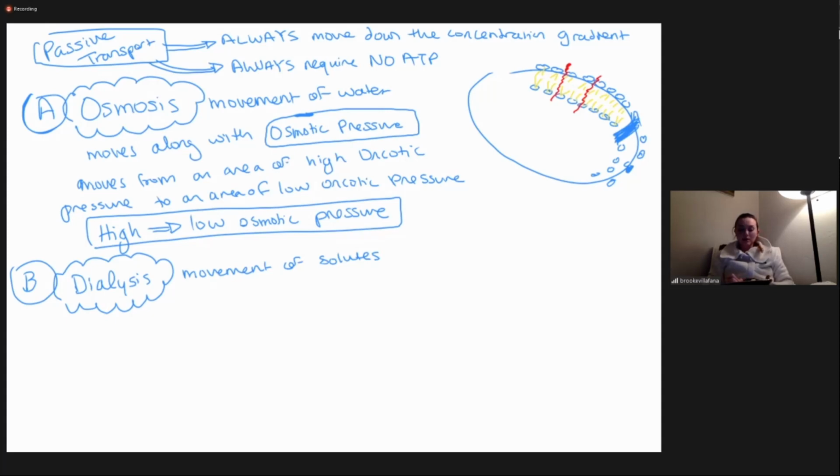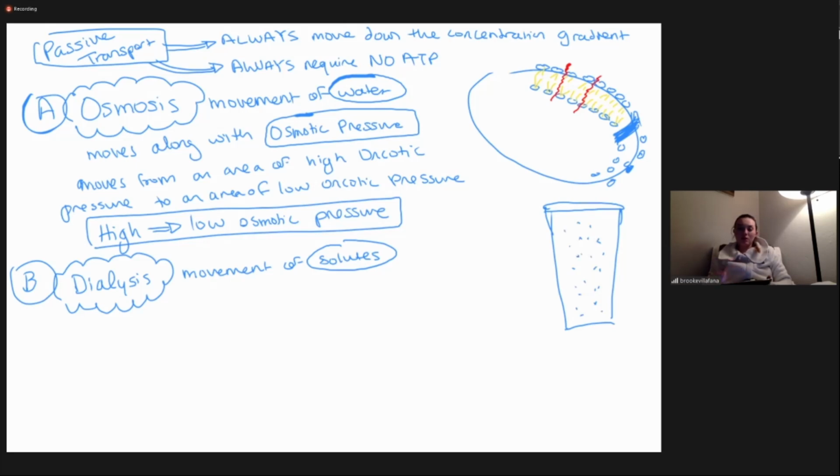So dialysis is the movement of solutes. So we had movement of water, movement of solutes. If we picture a glass of water, and then you know the hydration multipliers or Gatorade or salt, if you picture all those little particles in the water, those would be our solutes, versus the water just surrounding it.